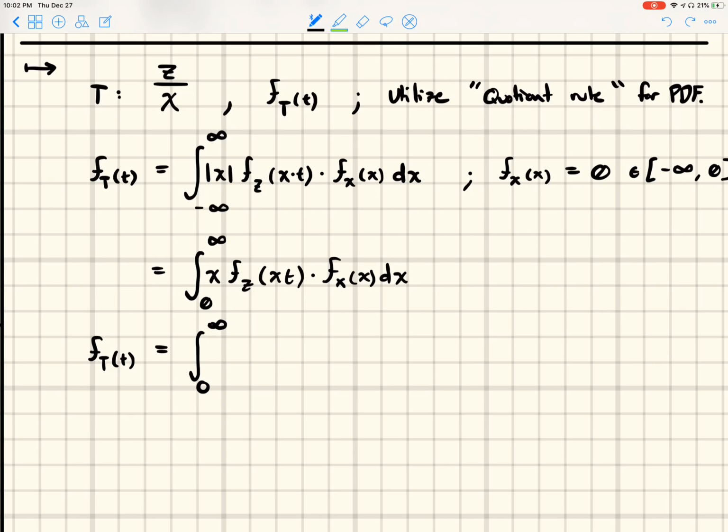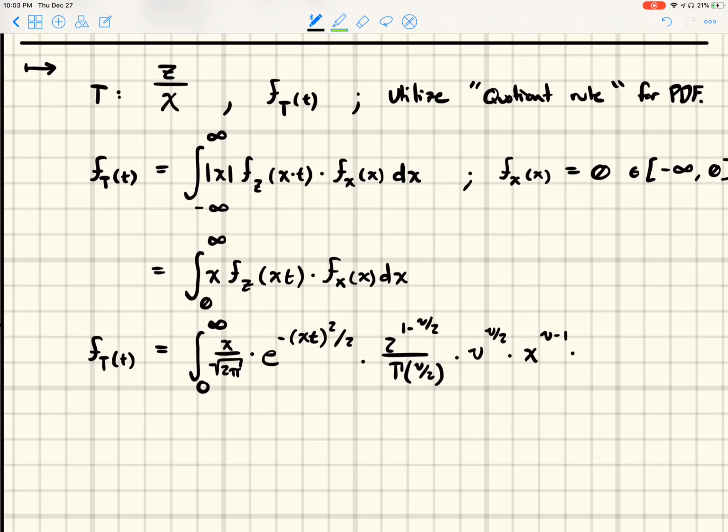So now just plugging in for the new arguments, we get x over the square root of 2 pi times e to the negative x t squared over 2 times 2^(1 - v/2) over gamma of v/2 times v/2 times x^(v-1).